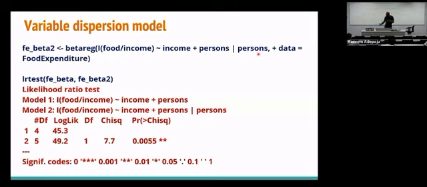It's just like somebody commits the offense, then the person should be punished. So we believe that the number of persons in the household will play a more significant role in causing the problem associated with the income, the amount of income spent on food. And that is the reason why we're putting that.